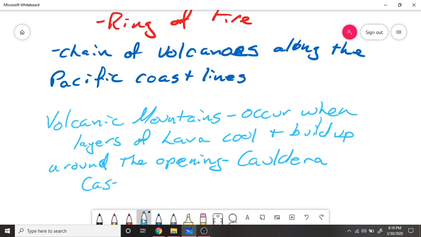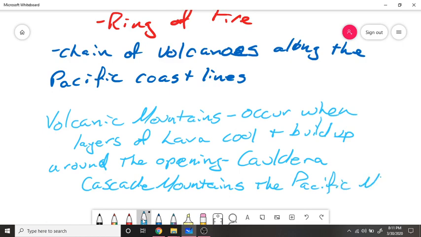The Cascade Mountains in the Pacific Northwest of the United States are volcanic.